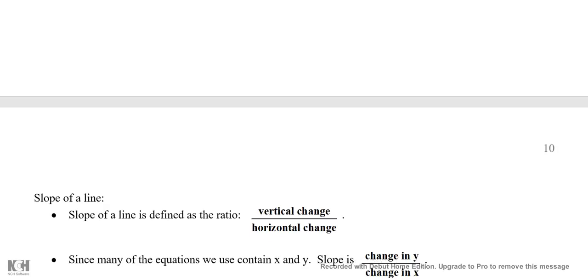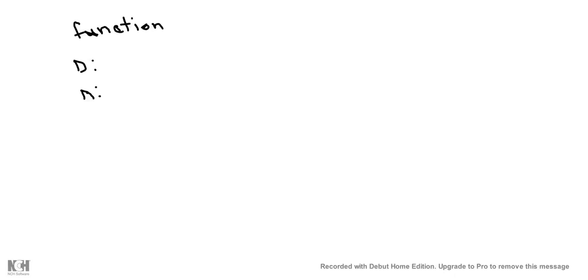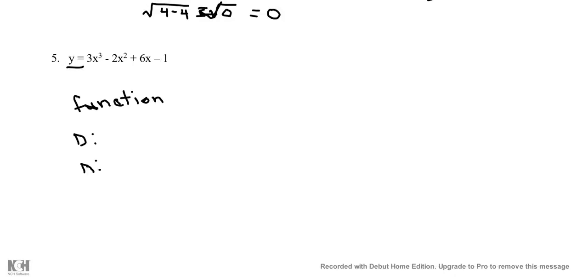If I look at this function, I have no x's under square roots and I have no x's under fractions, so I should know right away that the domain, at least, is negative infinity to infinity.